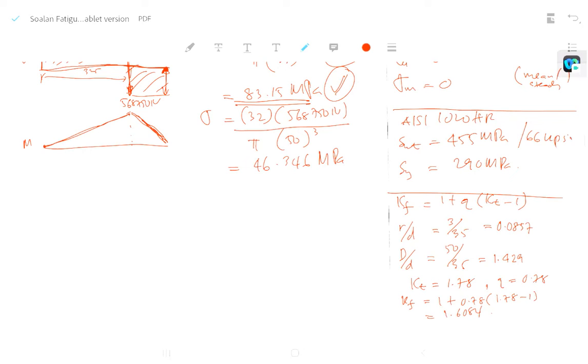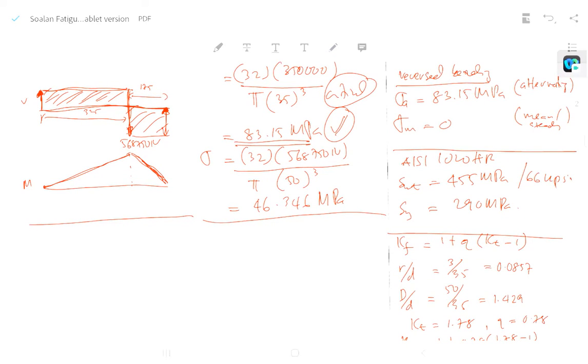Okay, the next, we need to multiply this value with the KF. So the real, whatever names that you give, then you sigma A is KF times sigma A before, right?